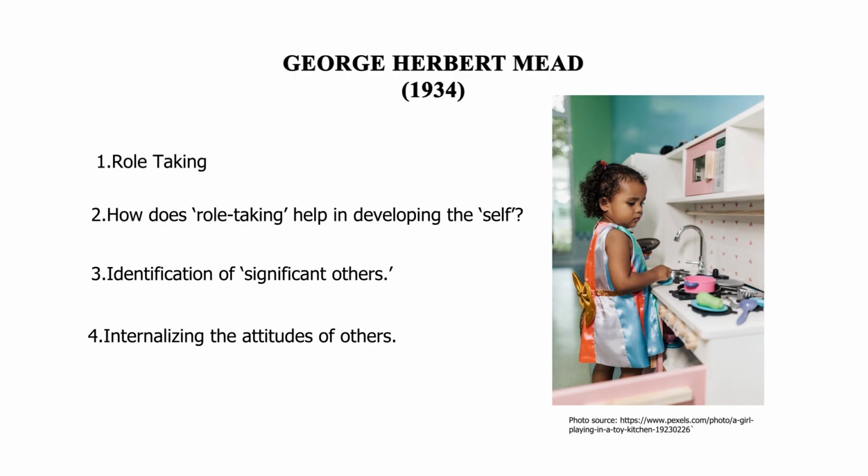As we move further, around the same year, that is 1934, G.H. Mead's theory of self and role taking was developing. There was another theorist called Joseph L. Moreno, and his work was gaining momentum in the field of psychiatry. His interest in social roles and interactions led him to understand social roles in two main categories.